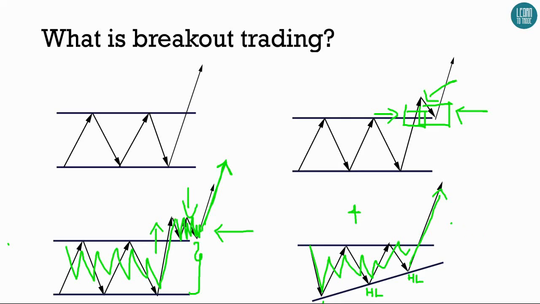The same pattern also works for downside momentum. In a downside move, this is the high, we get a lower high formation, a continuous series of lower high formations, and then a real breakout in the direction towards the downside.